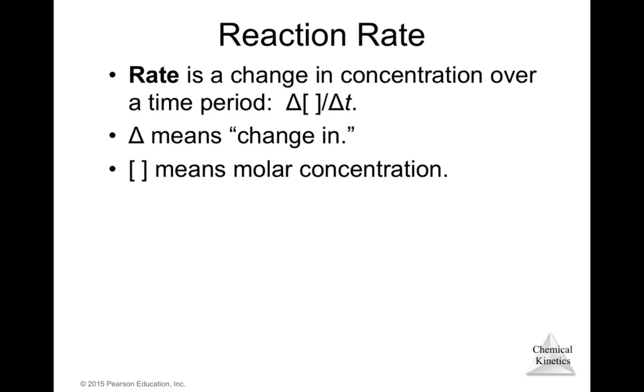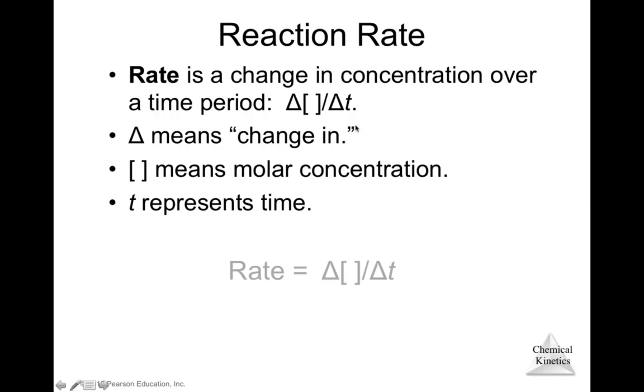This symbol represents the molar concentration, so this part is the change in concentration. And the t represents time, so this is delta t, or change in time. In other words, the rate is equal to the change in concentration divided by the change in time.